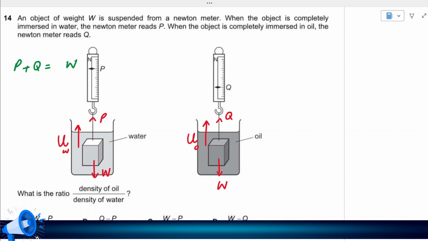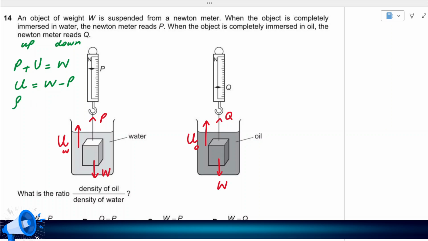P plus upthrust of the water equals W, the weight of the block. The sum of the upward forces equals the sum of the downward forces. Thereby upthrust equals W minus P.